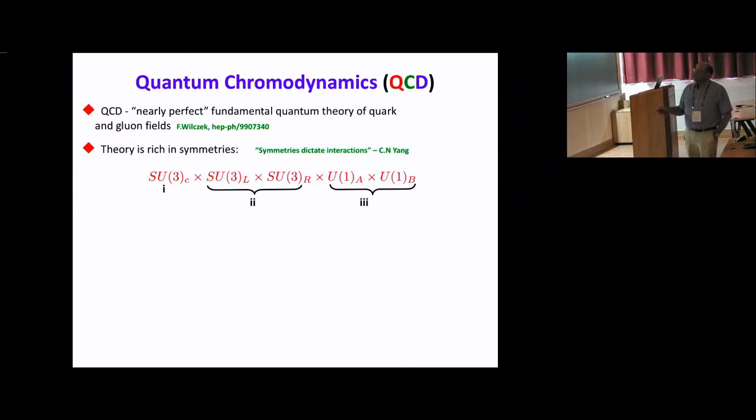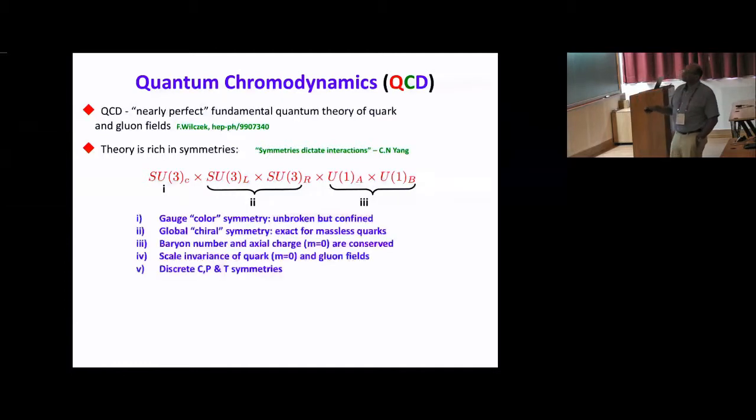The other thing you see is that the theory is very rich in symmetry. And as Yang taught us, symmetries dictate interactions. So just understanding the richness and variety of these symmetries allows you to understand the interactions in the theory. And these are several. You have SU(3) color, which is a gauge symmetry.